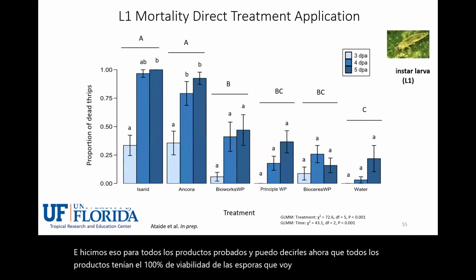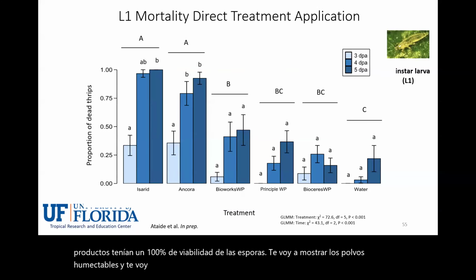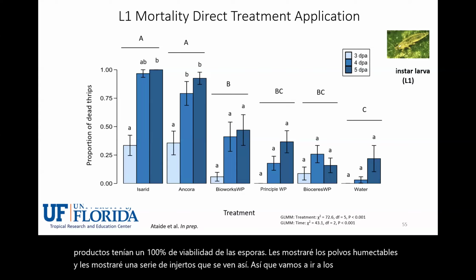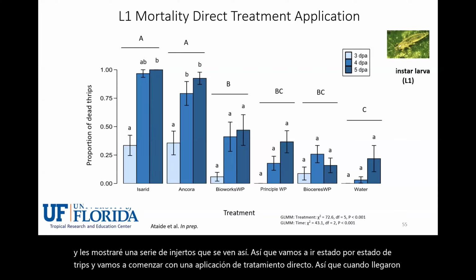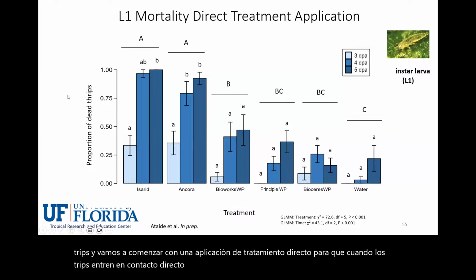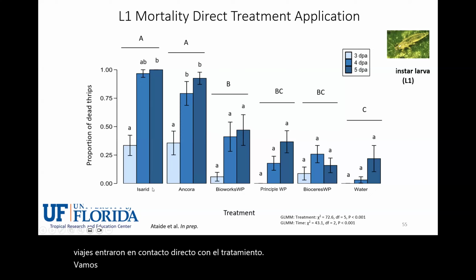wettable powders, and I'm going to be showing you a series of graphs that look like this. We're going to go stage by stage of thrips, and we're going to start with a direct treatment application. So when the thrips came into direct contact with the treatment, we see the proportion of dead thrips over the different treatments.